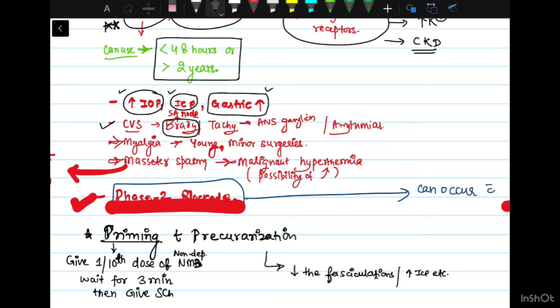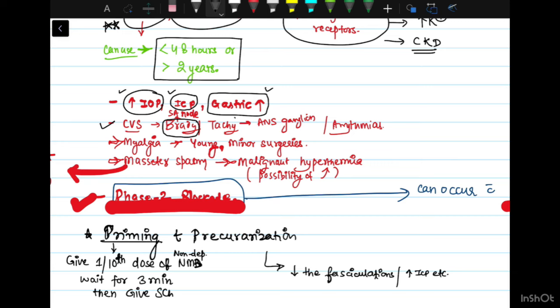Rocuronium will be much better in a patient with bradycardia. And if you want to intubate a bradycardic patient, avoid succinylcholine and give some anticholinergic along with it, such as glycopyrrolate or atropine. So don't intubate a bradycardic patient unless you give these drugs, and try to avoid succinylcholine.